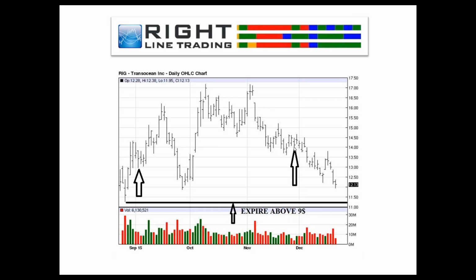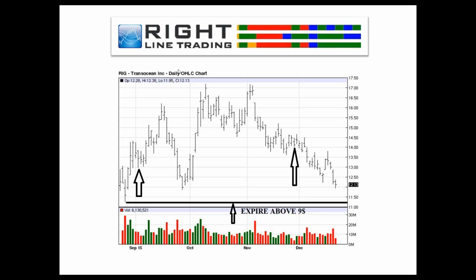The third reason, though, that I like the most is that you have time on your side. If you place a bullish call spread, as time goes on, the position erodes and your net credit drops. On a put spread, as time goes on, your net credit gets bigger and bigger and bigger.